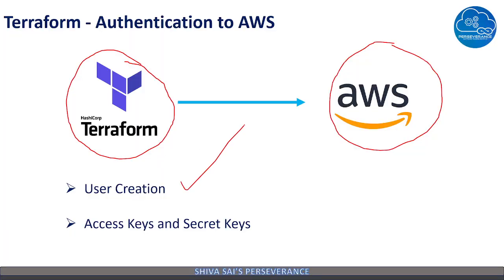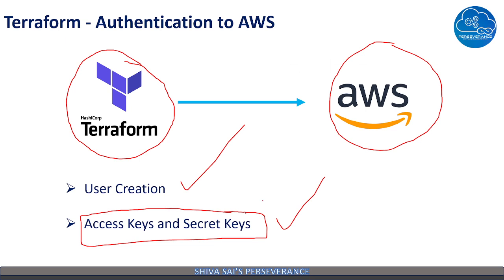We have already created a user named Shivasai, and we already have access keys and secret keys grabbed for that particular user. The reason we are not using a password here is that access keys and secret keys are more secure than a password. That is why we are going with this option. Everything is available.